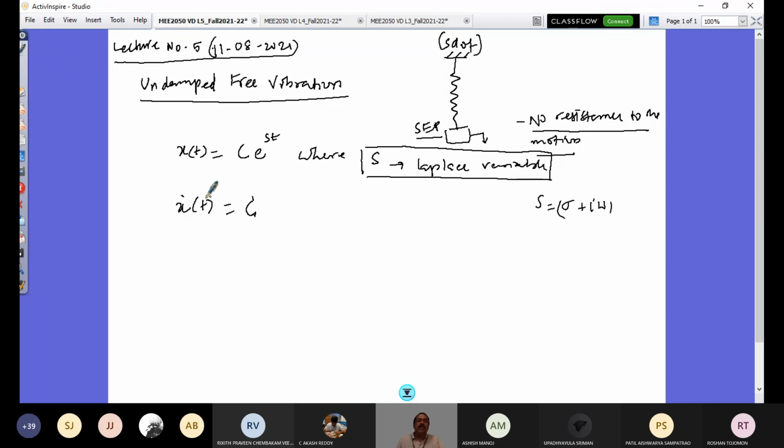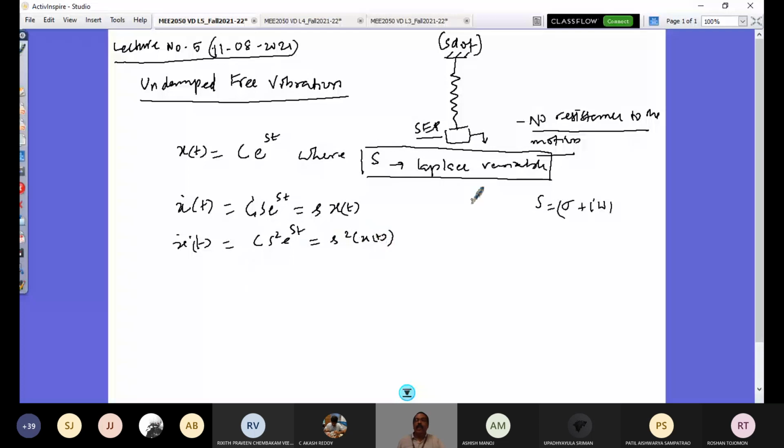Now if I get my velocity response, that is the first time derivative of this function, that's going to be c s e raised to st, and that's going to be s x of t. Then x double dot of t is going to be c s squared e raised to st, and that's going to be s squared into x of t.